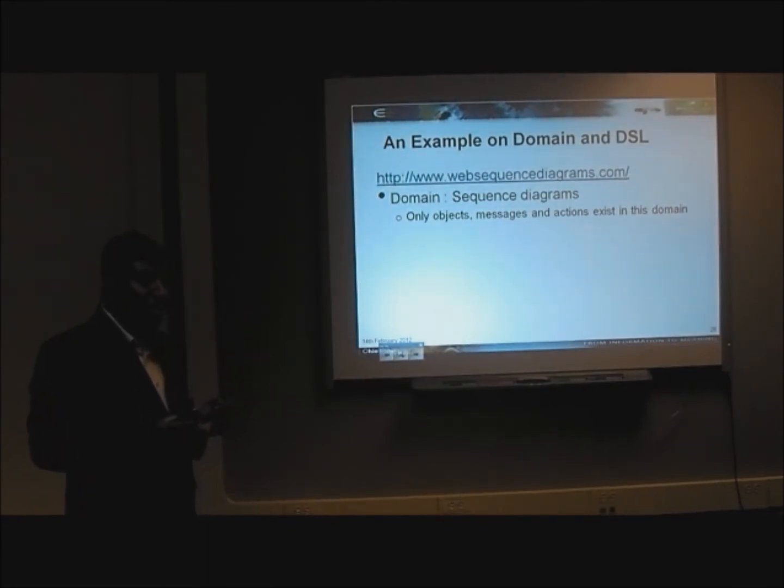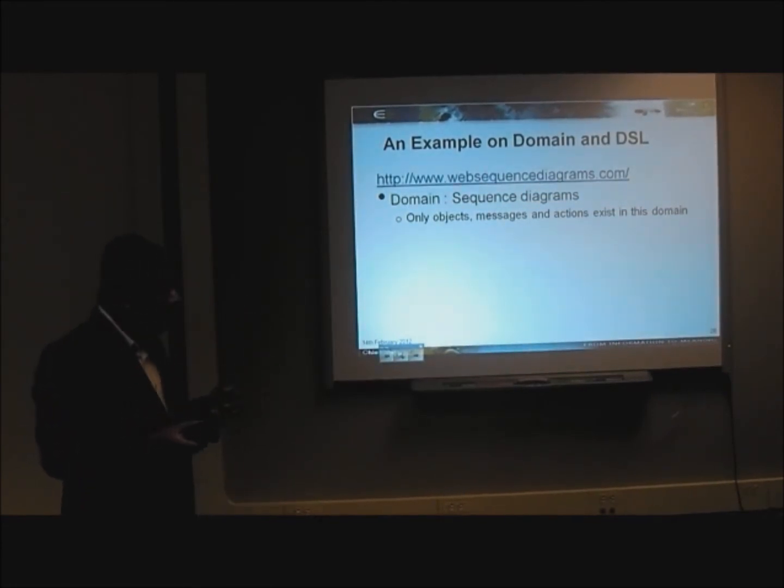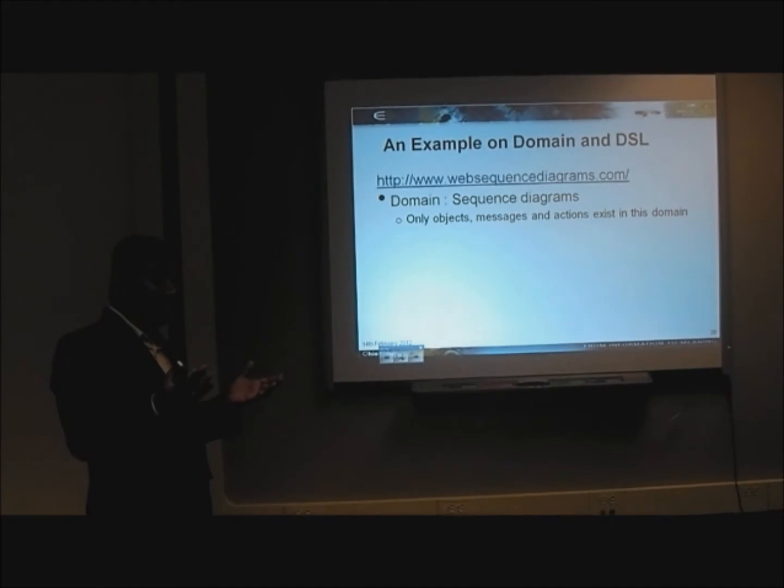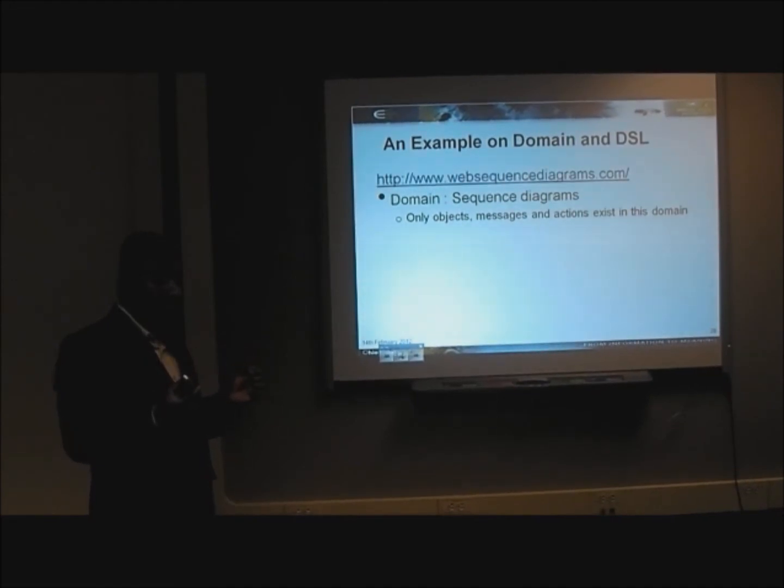Sequence diagrams is a way of representing that. When treating sequence diagrams as a domain, what are the entities that you are interested in? Only three: objects, messages, and actions. That's all you care about if you treat sequence diagrams as a domain.